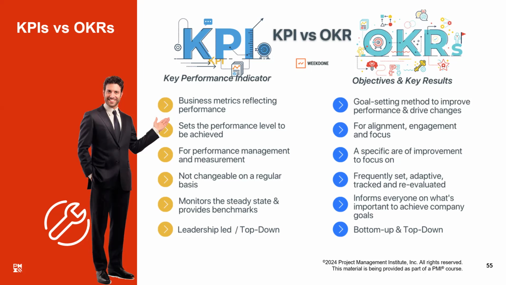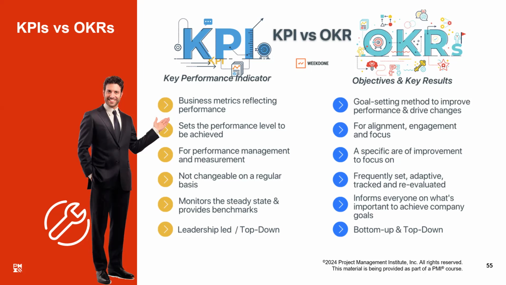Whereas the OKRs are a goal setting method to improve performance and drive change. So it is not focused on performance alone. It is ultimately resulting in improved performance, not catching the bad performance, but improving the performance and driving the change. KPIs set the performance level to be achieved, whereas objectives and key results are for the purposes of alignment, engagement, and focus.